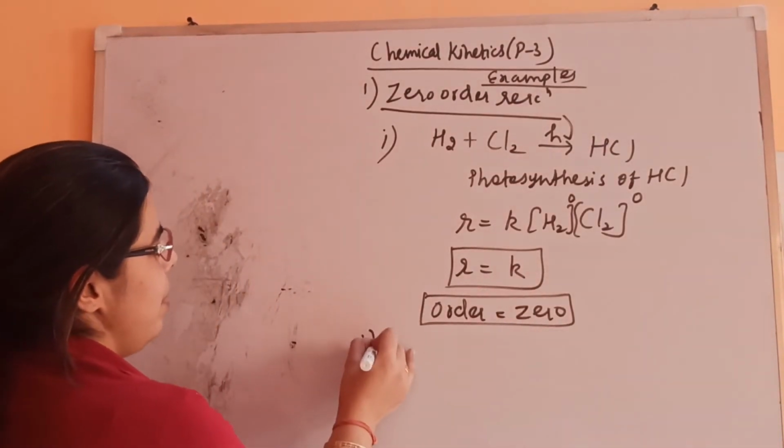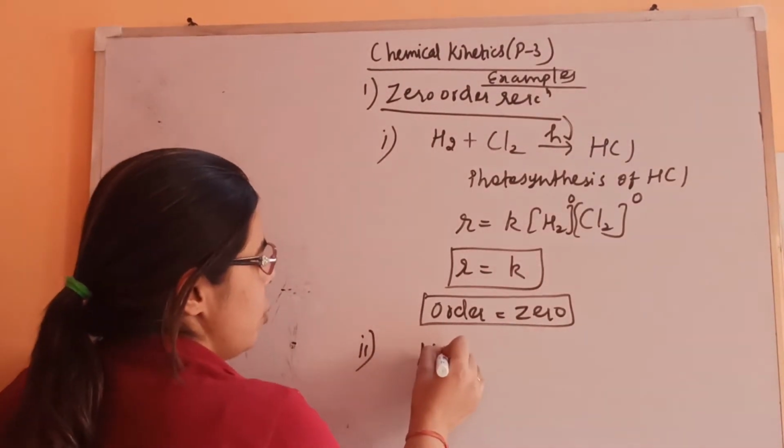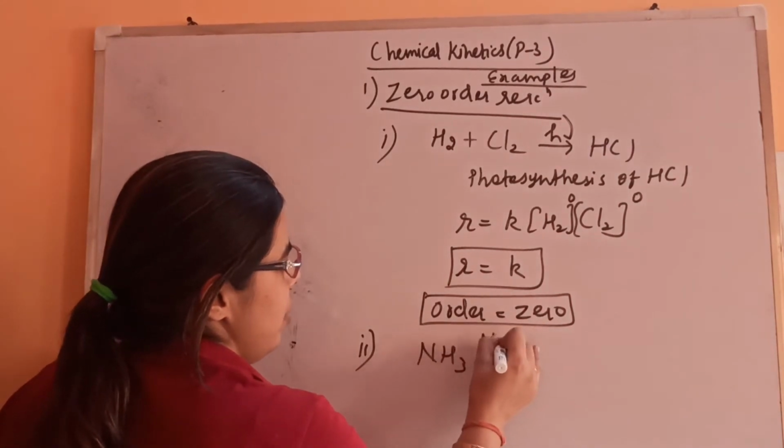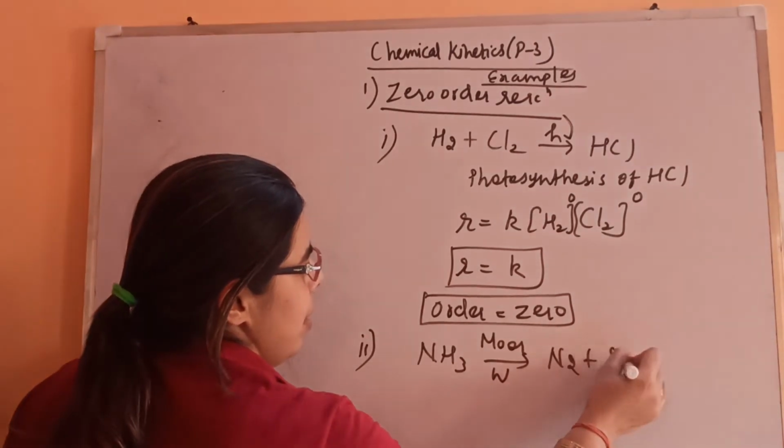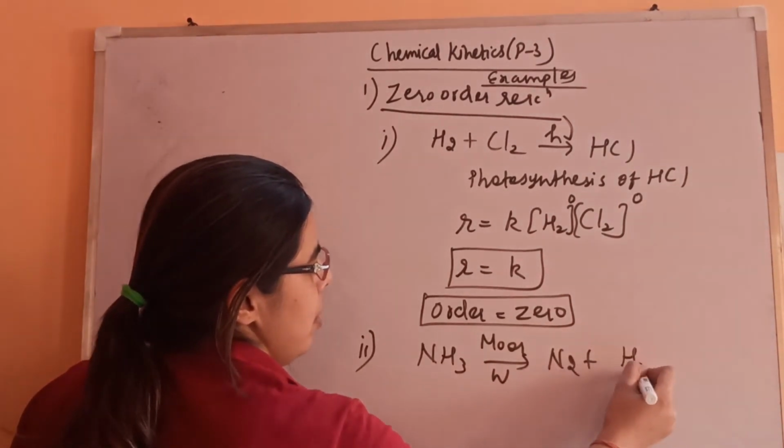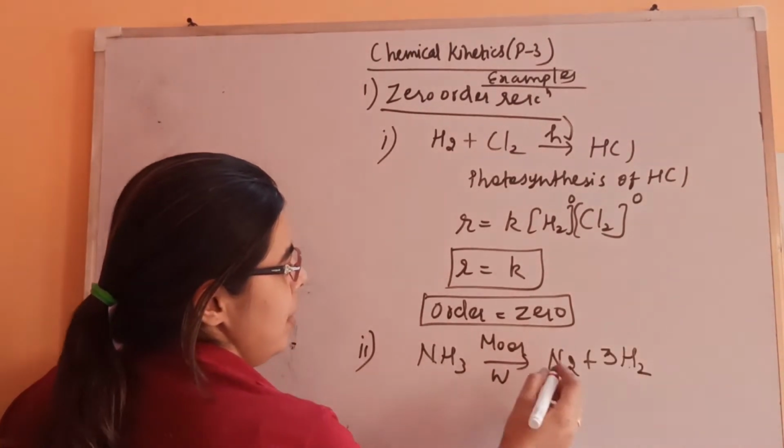In the next example, the decomposition of ammonia in the presence of either molybdenum or tungsten as a catalyst gives you nitrogen and hydrogen. Balance it.